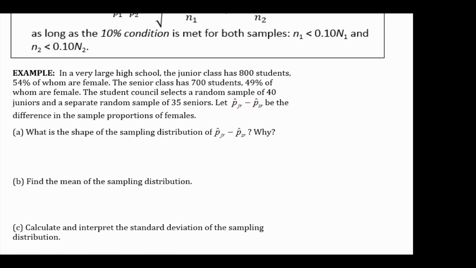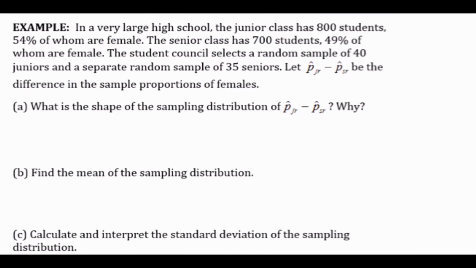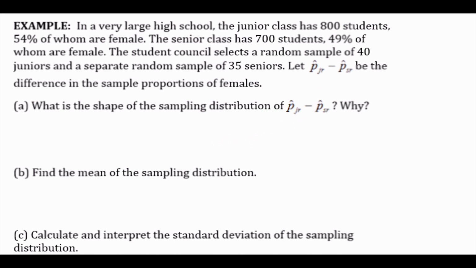So let's look at the first example that we skipped. Okay. In a very large high school, the junior class has 800 students, 54% of whom are female. The senior class has 700 students, 49% of them are female.